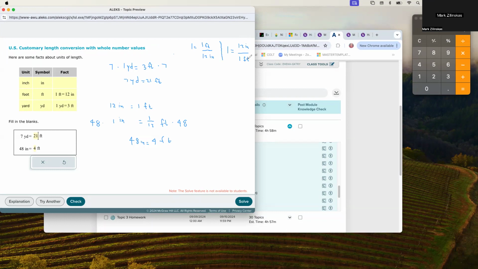All right. And I'm going to do the same thing over here because I'll do both problems like this. So I'm going to write also that 1 is equal to 1 yard over 3 feet.